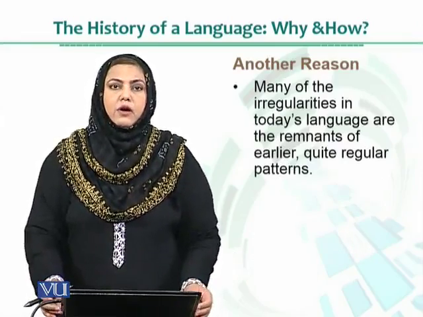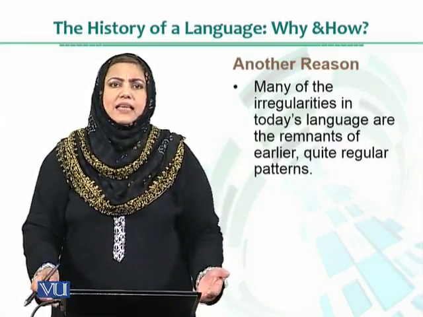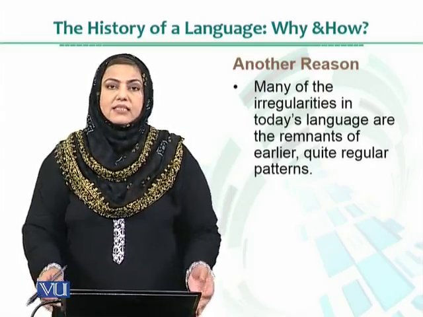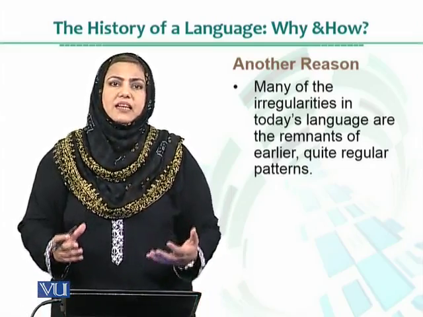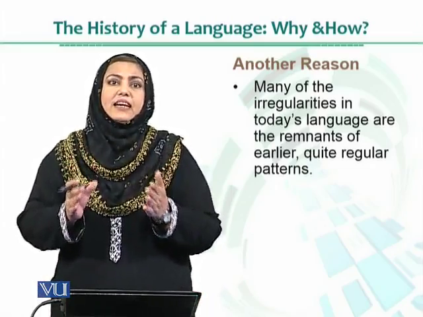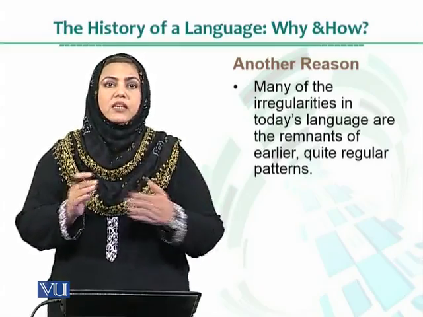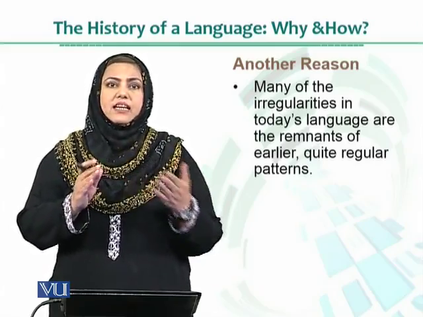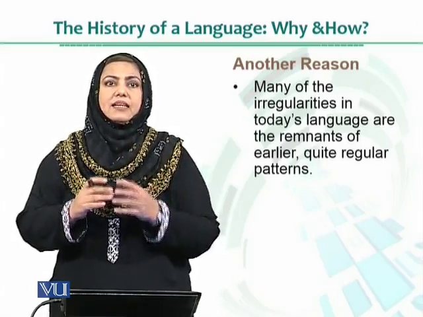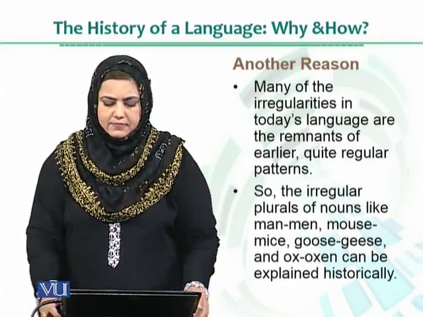Another reason for why languages, for instance the English language, should be studied: there are many irregularities in the English language today, and we can understand why these irregularities are there if we study the history. So, the study of the past of the English language would help us understand the reasons or the logic behind those irregularities.